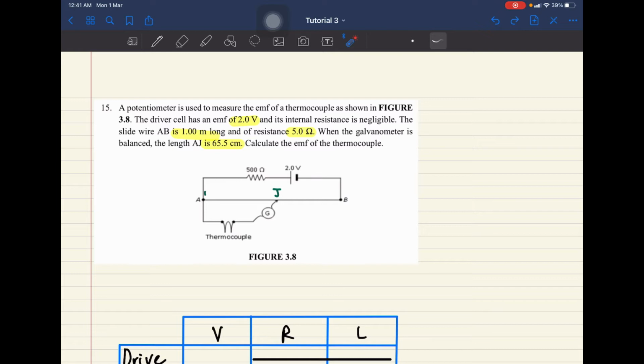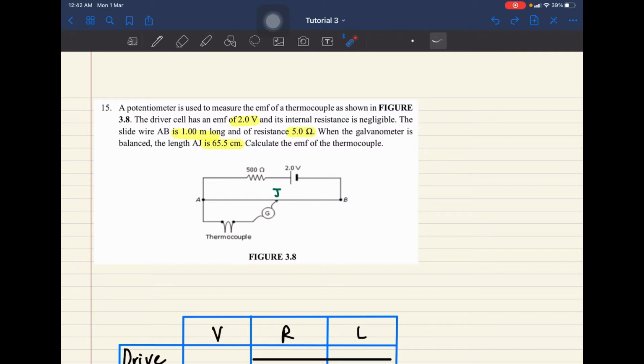Some students get confused about the balance. No, balance actually comes from the balanced galvanometer here. That means the galvanometer is pointing right in the middle, where it is actually equal to 0.